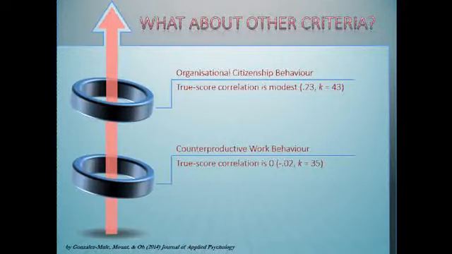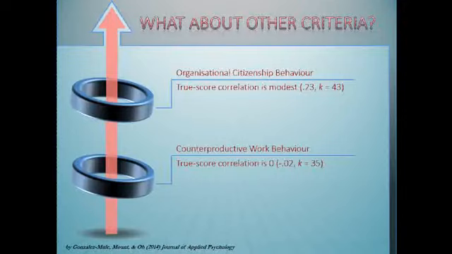Now, interestingly, for helping or going the extra mile, which is what organizational citizenship behaviors are, it has a pretty modest correlation with general mental ability, 0.23. So it's there, but it's not very strong. Now again, you can square 0.23 and get roughly 4%, which is not really much to write home about, yeah? So it doesn't predict OCBs as much.